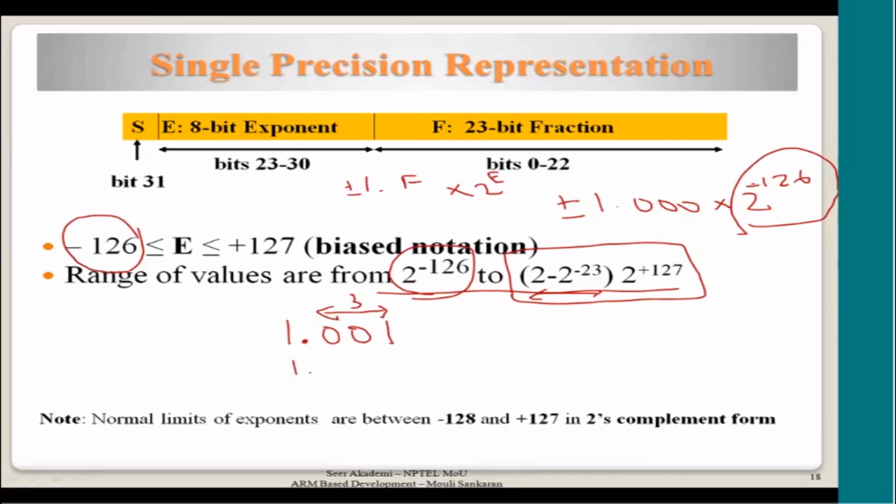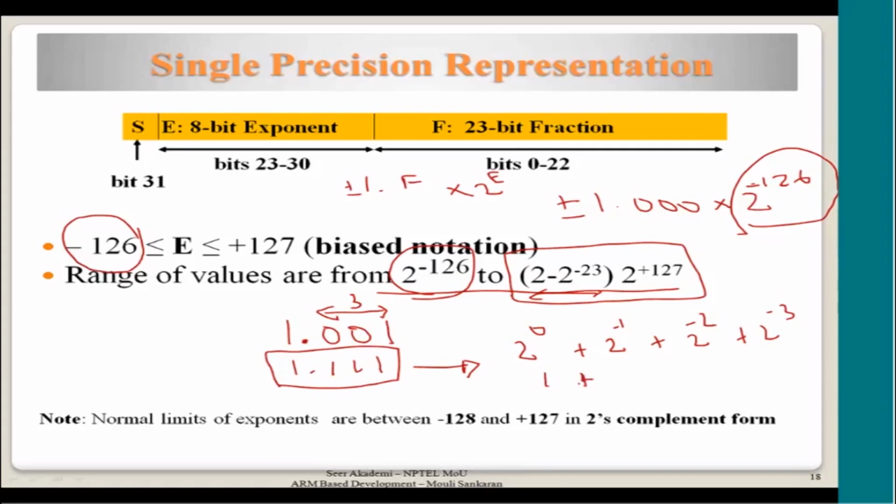Suppose I represent all ones. What does it correspond to? It corresponds to 2 power 0 plus 2 power minus 1 plus 2 power minus 2 plus 2 power minus 3. You agree?